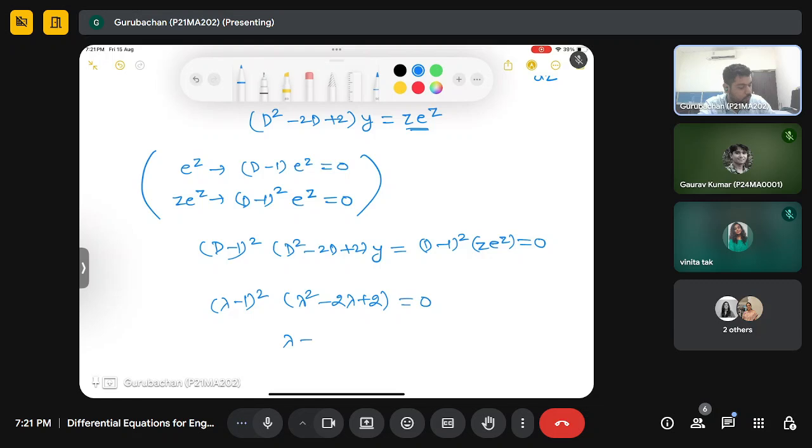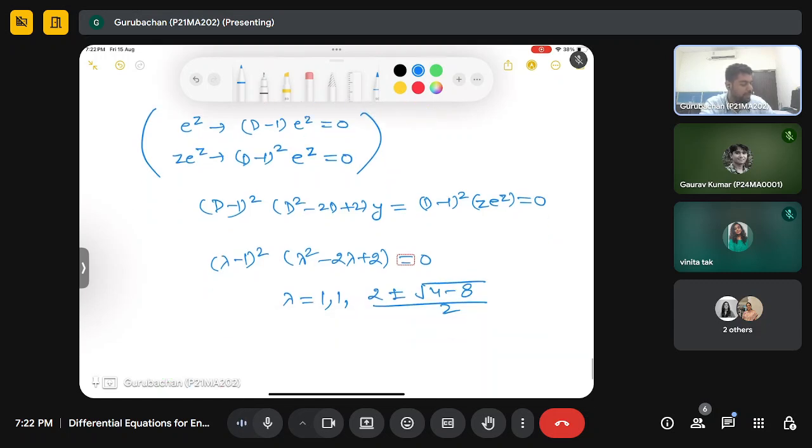One root is 1, 1, and the others come from 2 plus minus the square root of 4 minus 8, divided by 2. If you solve it a little, you get 1 plus minus i.